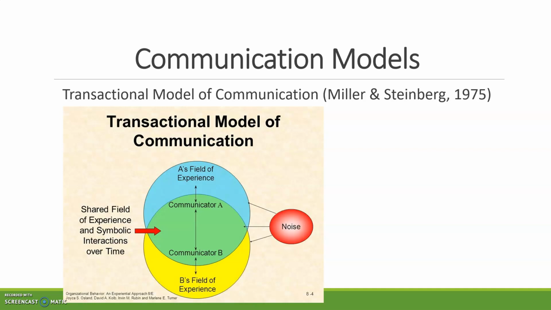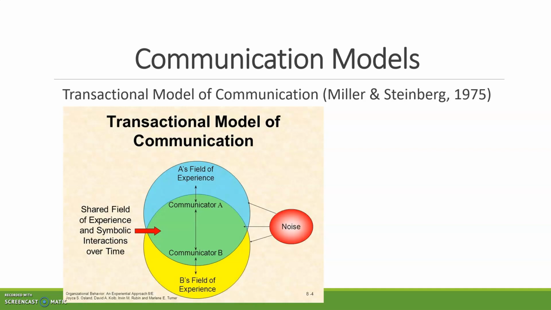This person is also sending out messages through verbal and non-verbal cues, and at the same time is also receiving messages from you by observing and listening. So, in other words, every person in this communication is a decoder and encoder.